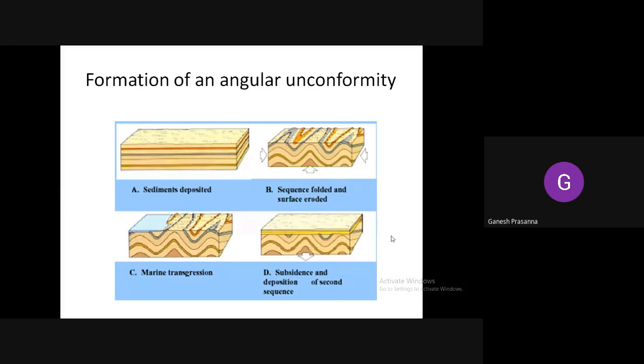So what happens in an angular unconformity is the sediments are deposited one above the other. It is subjected to compressional forces on either side and also from the bottom, which results in the formation of wavy undulations.